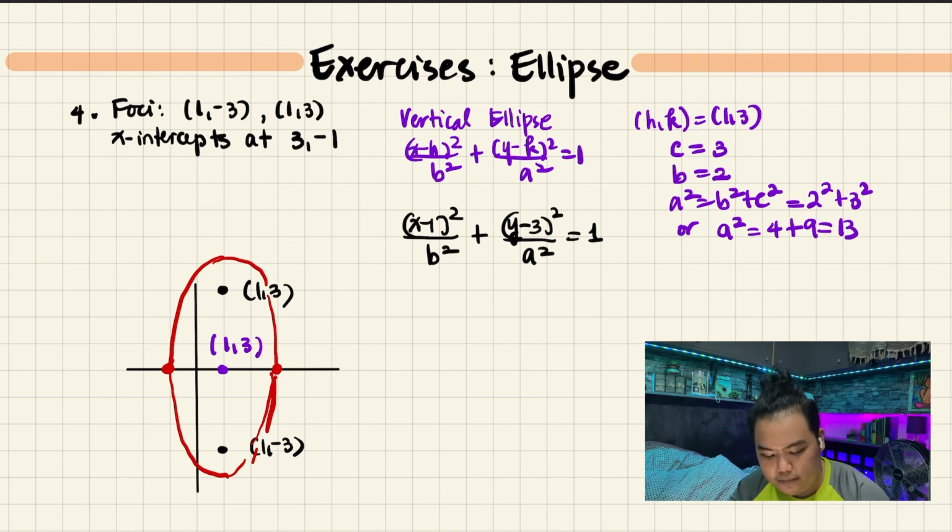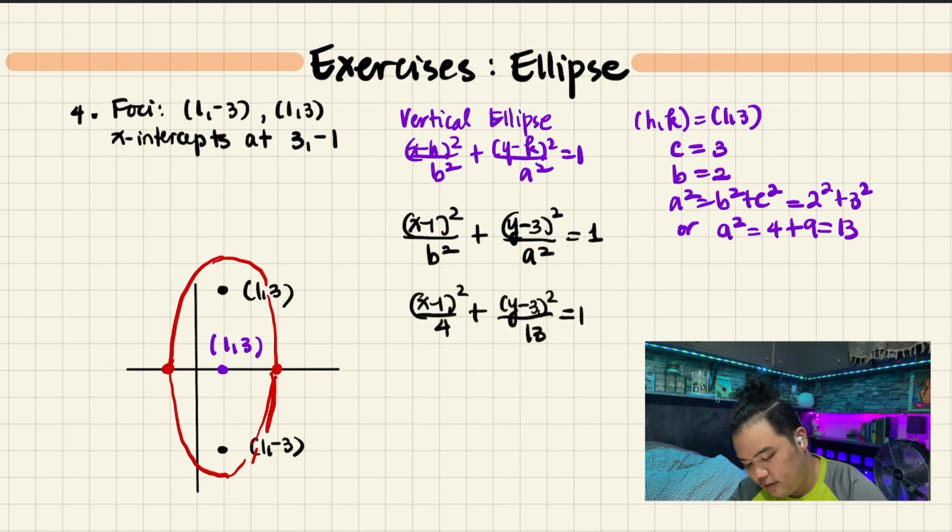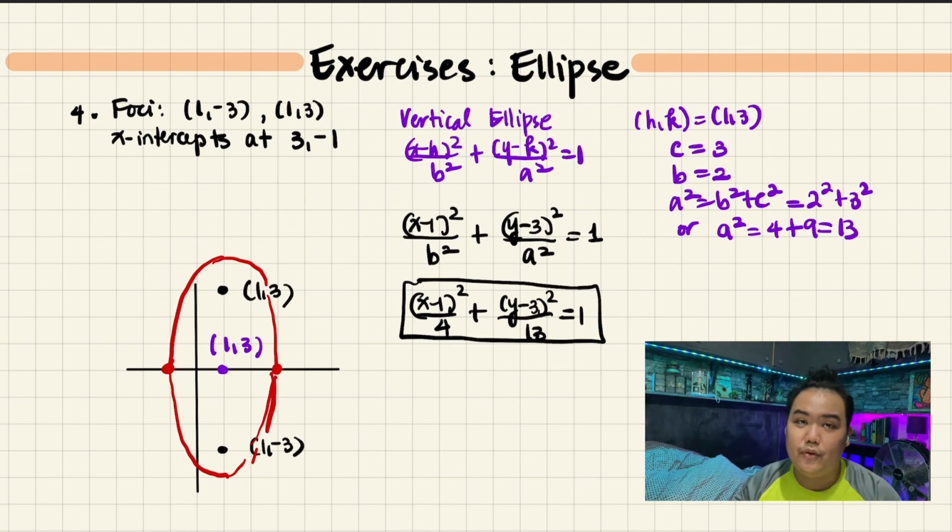And then plug and play. A square dito, yung B mo, lalagay mo doon 2 square, magiging 4 siya. So x minus 1 square equal to 1. Yan yung sagot for number 4. And that's how you do it.